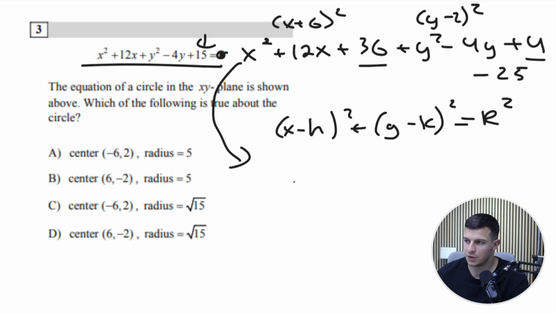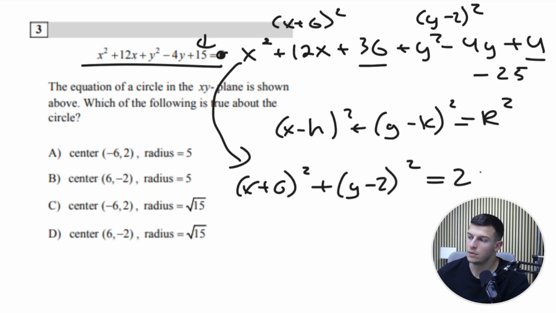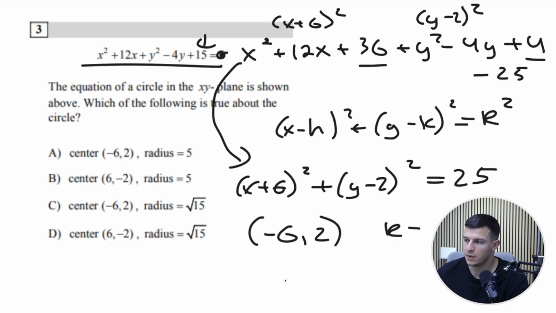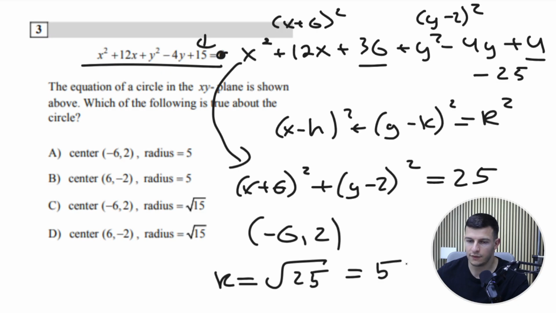So I'm going to take this equation and write (x plus 6) squared plus (y minus 2) squared equals 25, which means my h and k, so the center of the circle, is negative 6 and 2, and the radius is the square root of 25, which is just 5.